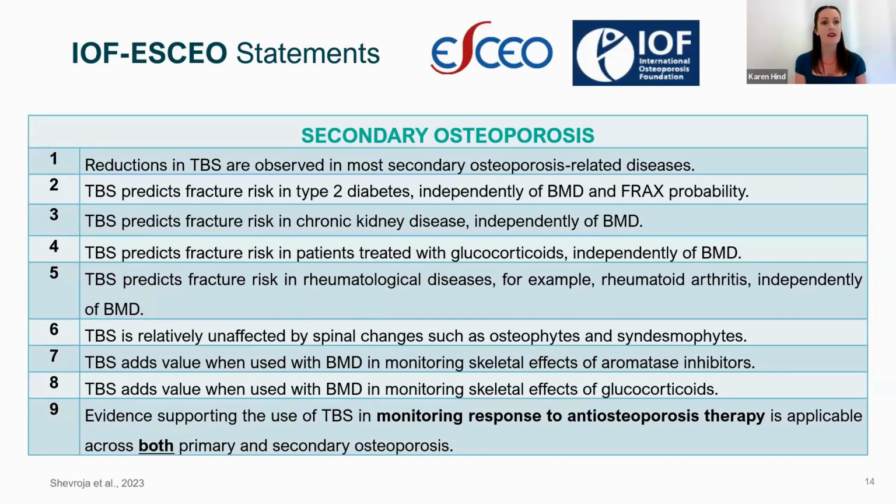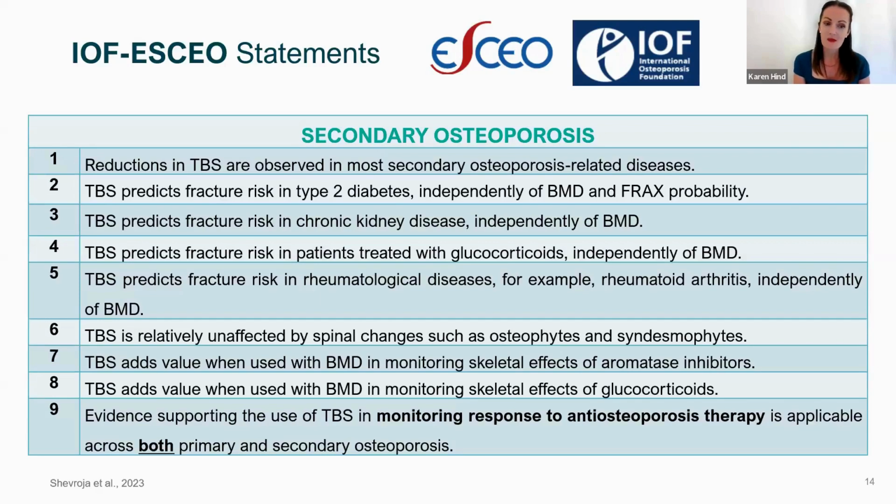In particular, it was confirmed that TBS reductions are seen in most secondary osteoporosis-related diseases, that TBS predicts fracture risk in type 2 diabetes, independent of BMD and FRAX, and TBS predicts fracture risk in chronic kidney disease, independent of BMD, and in patients treated with glucocorticoids, in patients with rheumatological diseases, for example, rheumatoid arthritis. And it was also confirmed that TBS is relatively unaffected by spinal changes such as osteophytes.